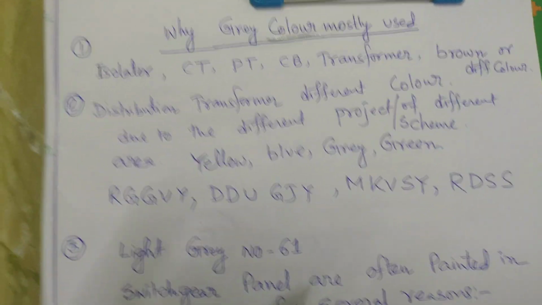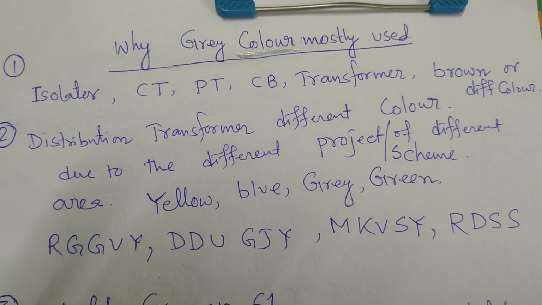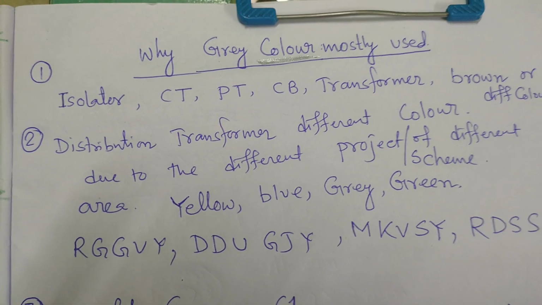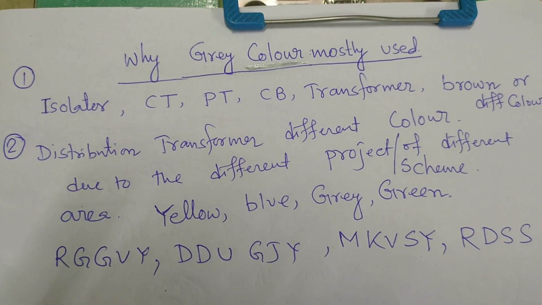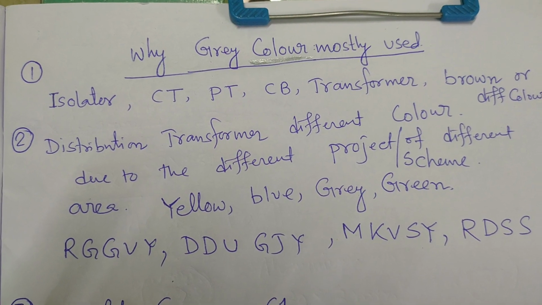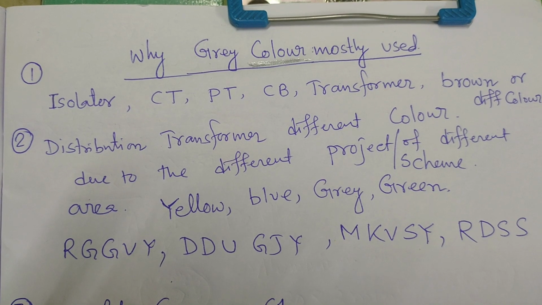The gray color has been used as the main code of color for the equipment installed at power plants and substations. What is the reason behind it, and what is the main root cause for selection of this color?